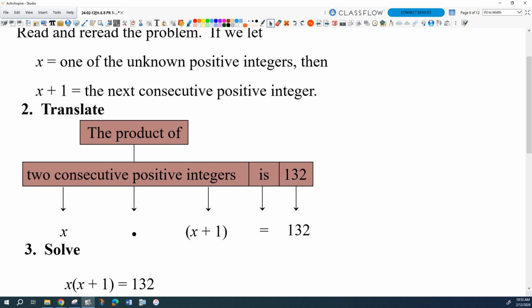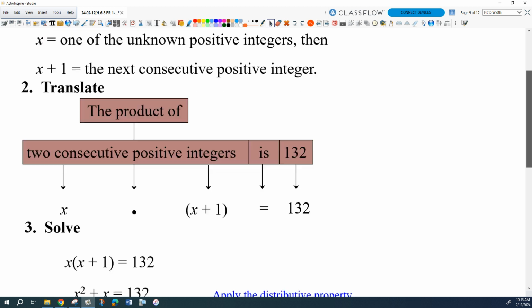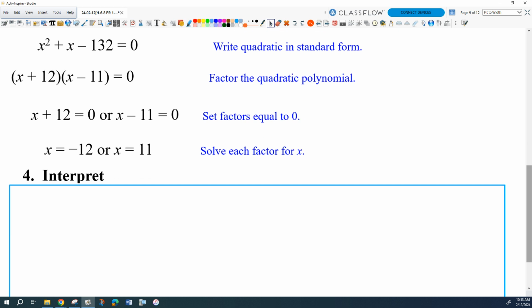I could multiply two negatives or two positives, right? So the other solution is just the math god's way of telling us, okay, this is the other solution, but we've got to pick out the one that meets our needs, which is the positive one, right? So we're going to pick the 11, and what would the other number be then? 12, yeah. X is 11, so x plus 1 is 12.